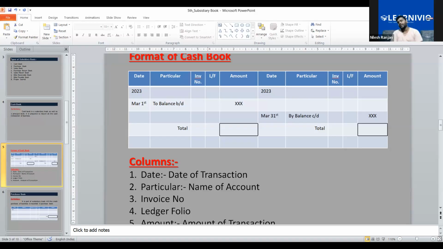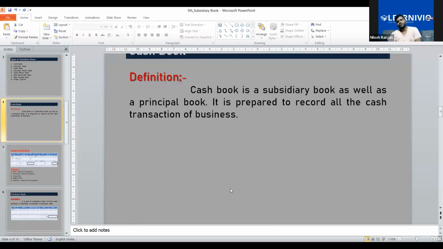So date, particular, invoice number, ledger folio, amount. But in ledger format, date, particular, journal folio, and amount. Okay. In the ledger, there's only journal folio. Yes.